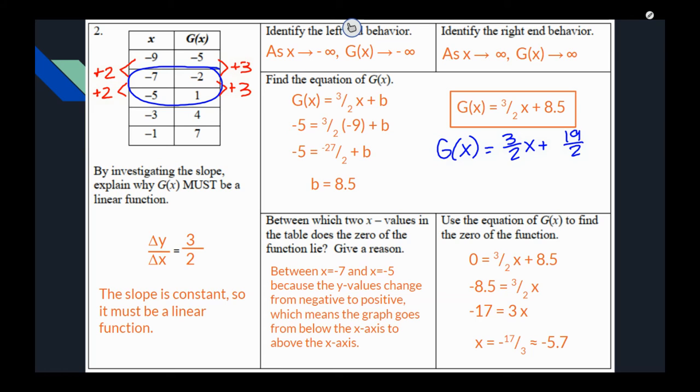Hopefully in all your math you got that x is -17/3, which is about -5.7. Is that between -7 and -5? Yep, there it is.